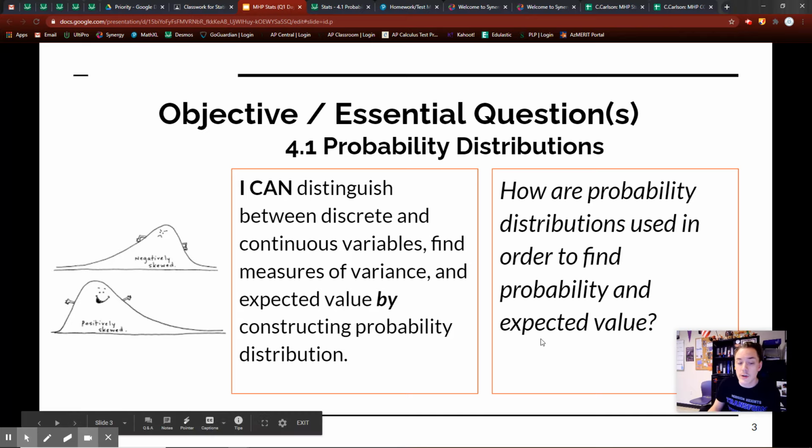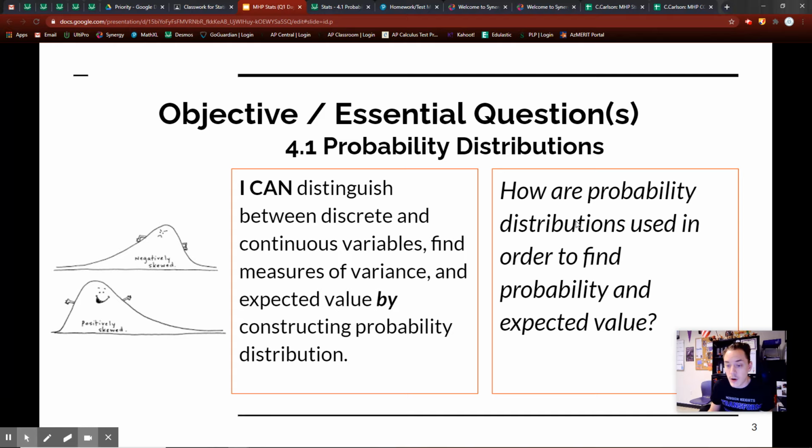So our essential question is this: how are probability distributions used in order to find probability and expected value? We're going to be learning a lot of new stuff today. This is just your very basic introduction to what we call probability distributions.